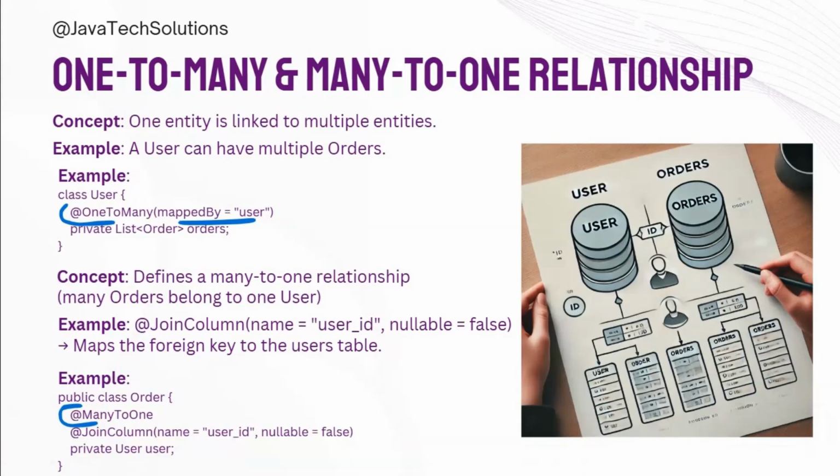Now why are we going to use one-to-many or many-to-one relationships in JPA or tables? It's basically real-world modeling, representing natural relationships like companies and employees. For data integrity, it ensures referential integrity using foreign keys, and it is efficient for querying, like easily fetching related entities.